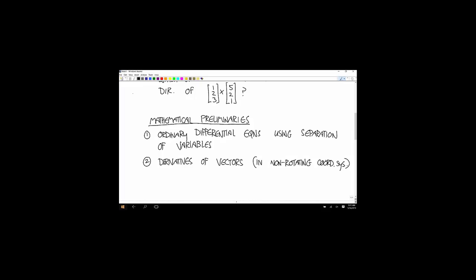Up to this point, most likely all you've ever seen are non-rotating coordinate systems, but there are a lot of cases in dynamics where you need to deal with rotating coordinate systems. It sounds like a disaster. It's pretty interesting the way the math works out. I think it's a cool part of this class.